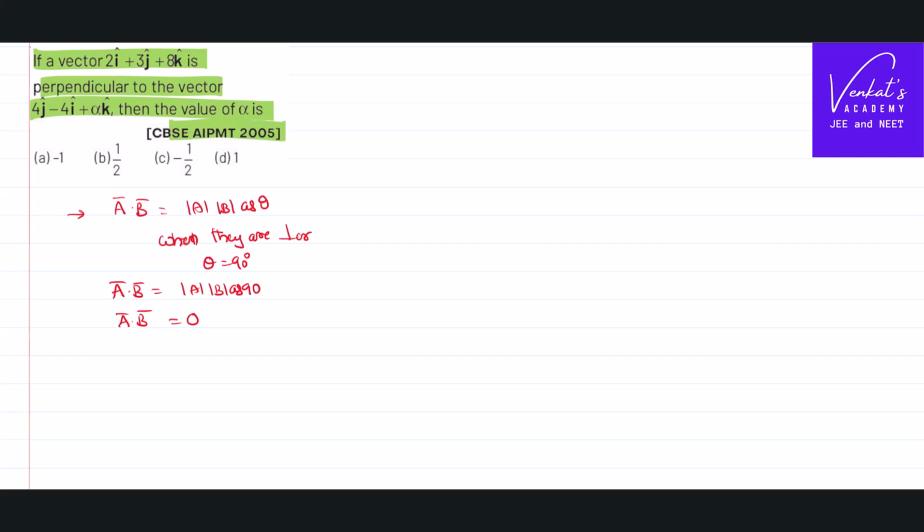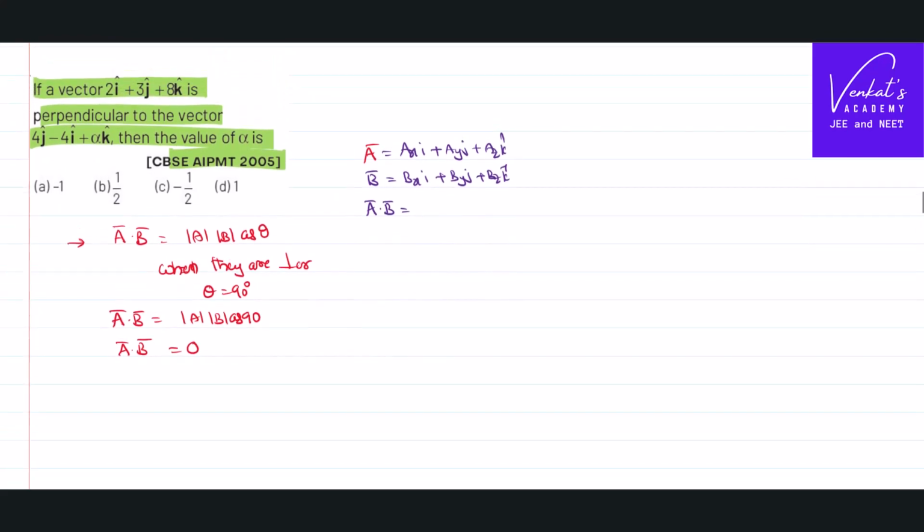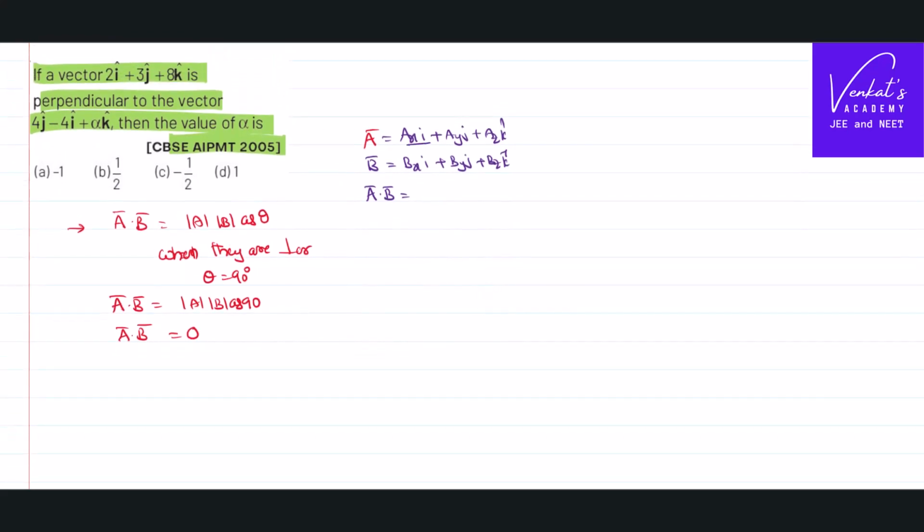So how do you find the dot product of two vectors? If A bar is a vector in a general format, Ax i cap plus Ay j cap plus Az k cap, and B bar is another vector, Bx i cap plus By j cap plus Bz k cap, when you write the dot product of the two vectors, you will get Ax multiplied with each of the terms.